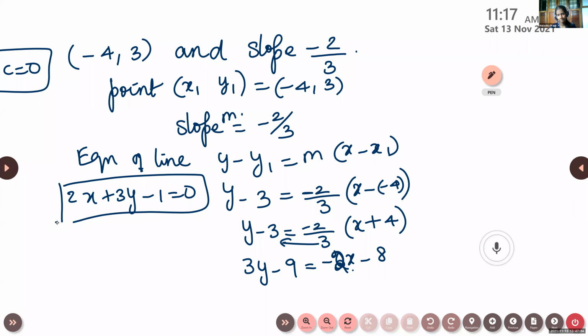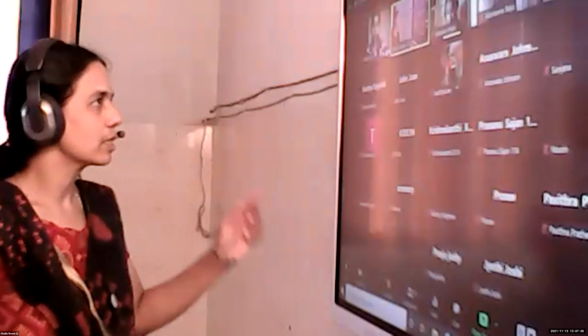Okay, so next, let us do one more question in this model, that is 1 point slope form. Write the next one.